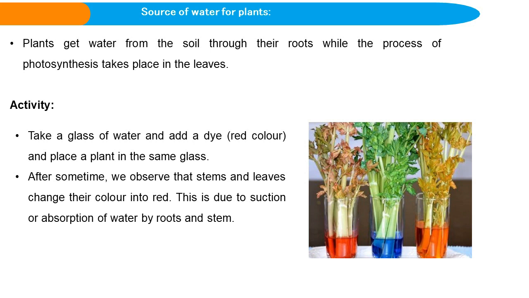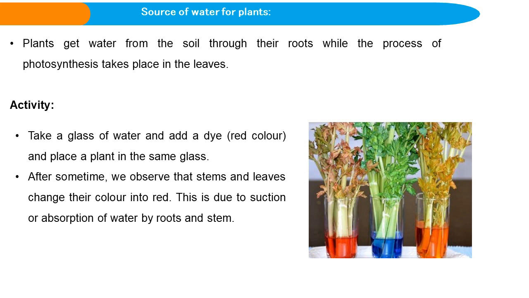You can take a small plant with root or else only the stem portion of young plants. After some time, if we observe, the stems and the leaves change their color into red, blue or orange according to the color we added in the water. So, the leaves and stems change to that color.